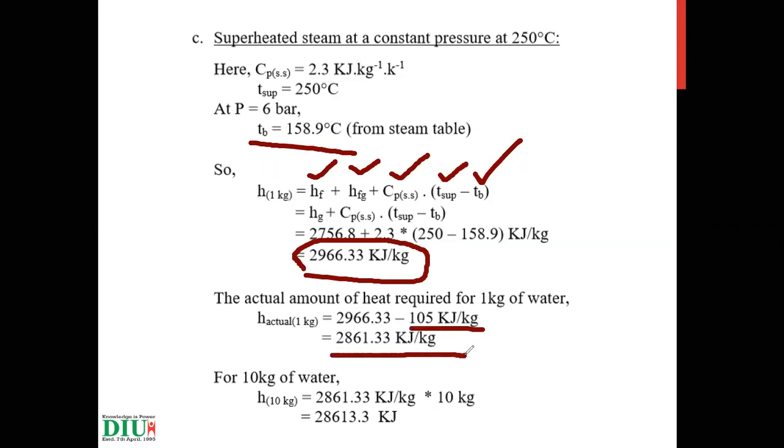We get this value for 1 kg, and we need it for 10 kg, so if we multiply by 10, we finally get the value for 10 kg. So these are the processes to find the heat for wet steam, dry steam, and superheated steam. That was today's 3 examples I solved.